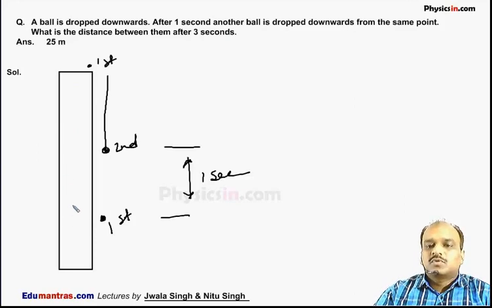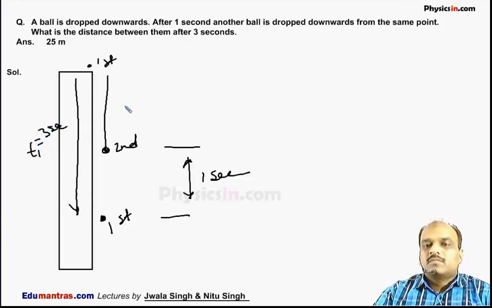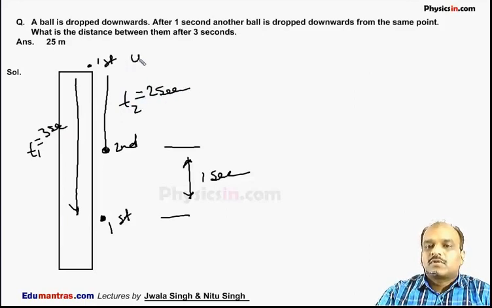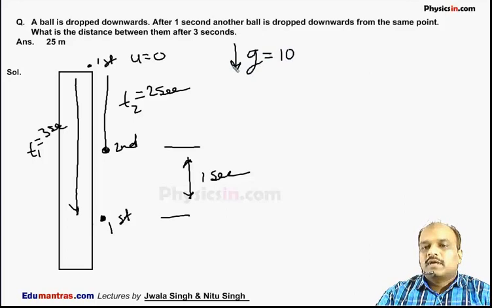This means the first ball is in motion for 3 seconds. So t1 is equal to 3 seconds. And the second ball is in motion only for 1 second less, that is 2 seconds. Since the balls are dropped, their initial speed must be 0. We know the acceleration due to gravity is 10 and directed downward.